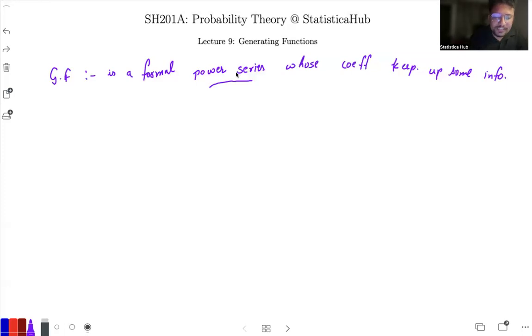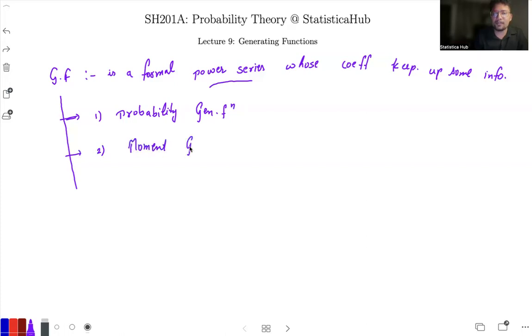Okay, moving ahead. In this course, we have to cover different types of generating functions. Majorly, the first is the probability generating function. The second is the moment generating function. The third is the characteristic function.